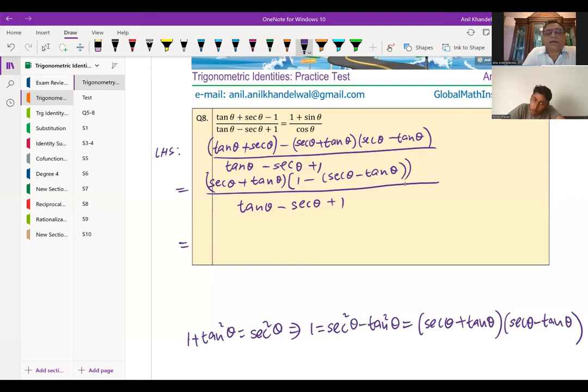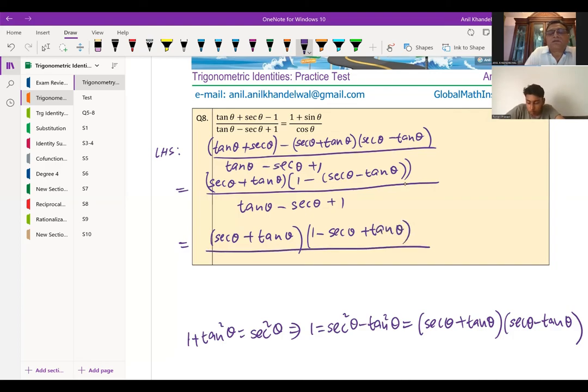If you open that bracket, you get what? You get secant theta plus tan theta times, open this bracket, you get 1 minus secant theta plus tan theta, correct? Divided by tan theta minus secant theta plus 1, correct? Yes, sir. Now this term cancels. And you're left with secant theta plus tan theta.